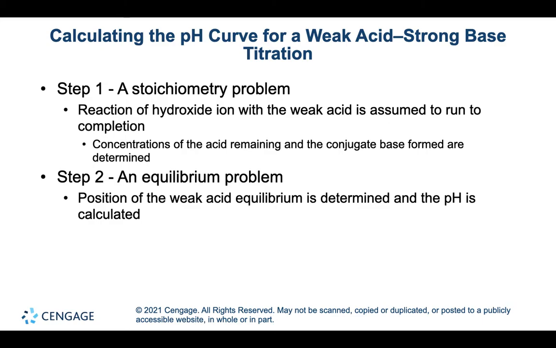But once you've done that, you then have to work out an ICE table problem or possibly a Henderson-Hasselbalch equation to calculate your pH. If you were trying to calculate the pH you would have with the addition of a certain amount of strong base to a weak acid, you would convert the weak acid to its conjugate base, but then do the math on what you have then with your weak acid and conjugate base to see what the equilibrium tells you would be your pH.